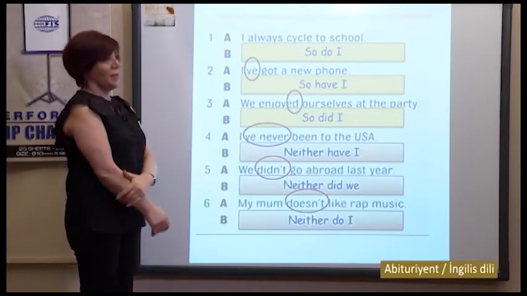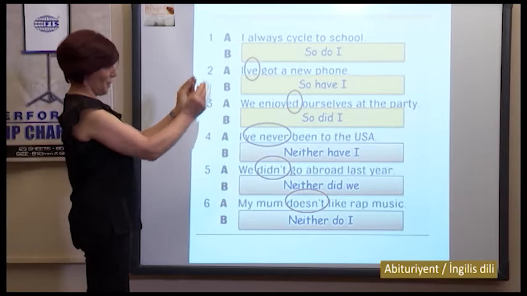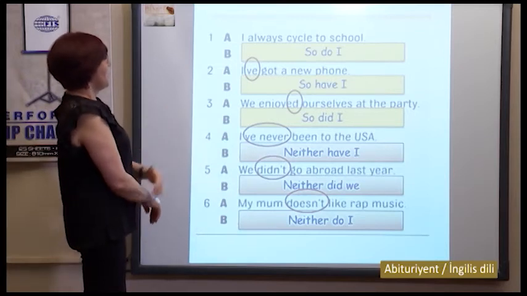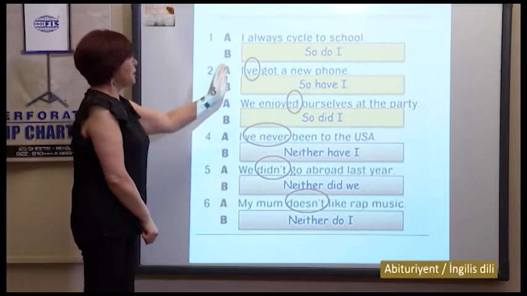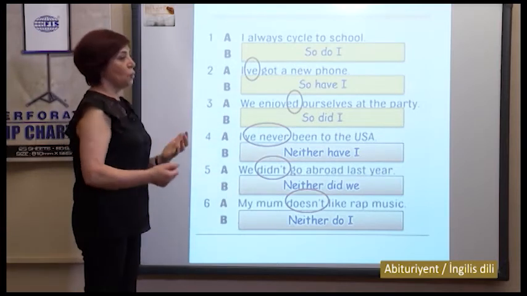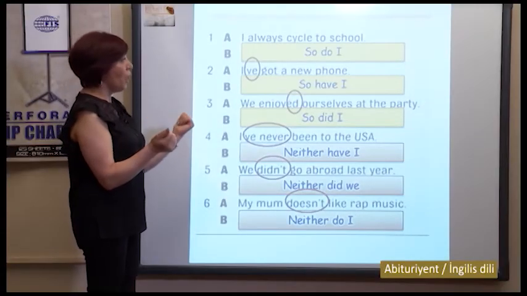And once again, so and neither together within one slide. A says, I always cycle to school, and B's answer is, so do I. It means it is true for B as well, because B also cycles to school. Why do?